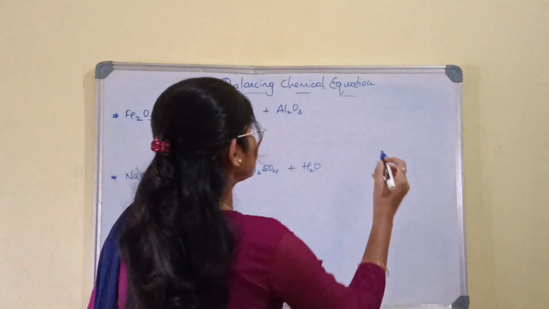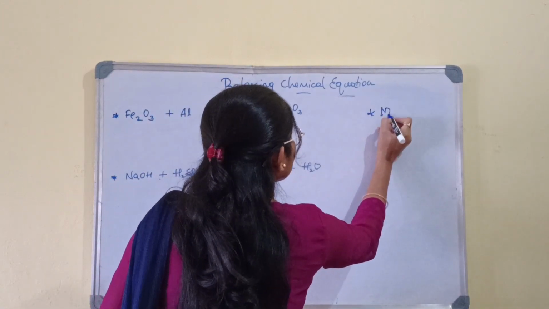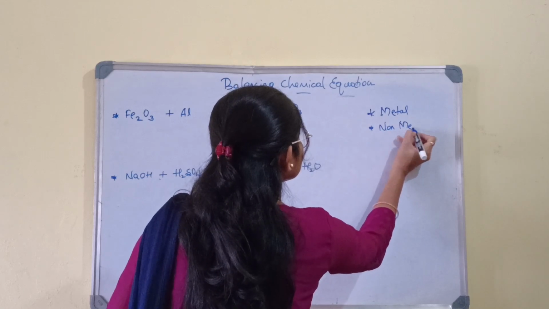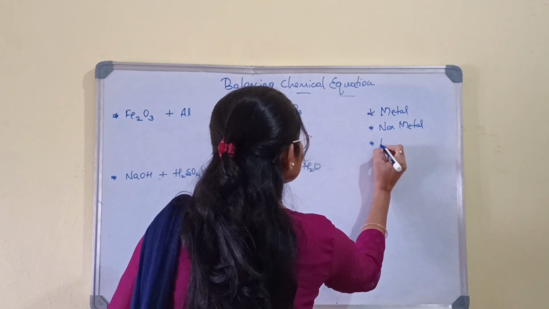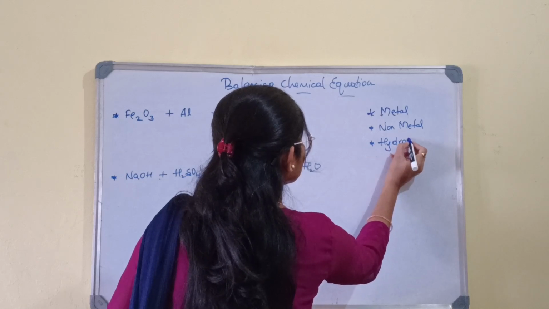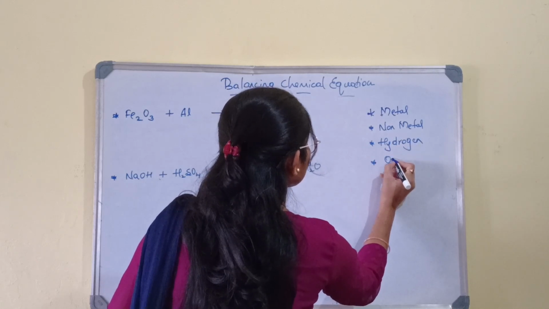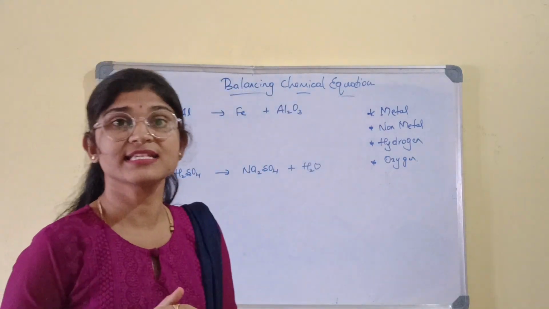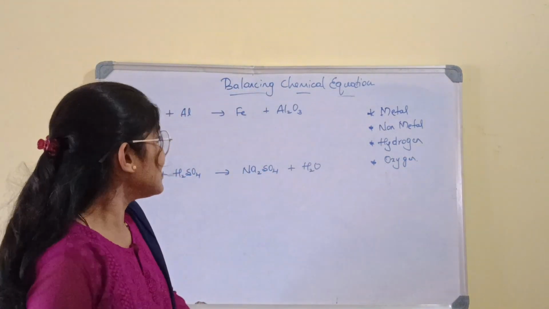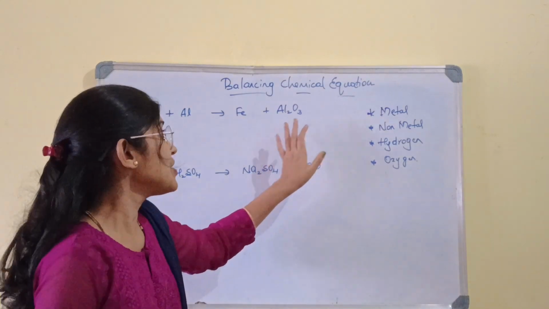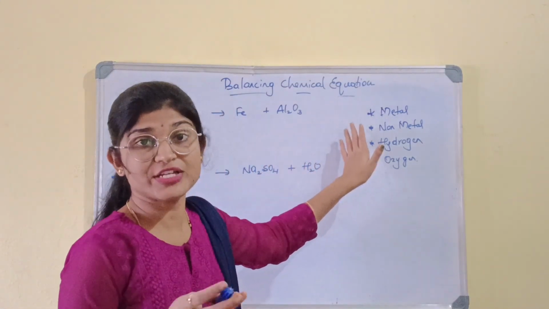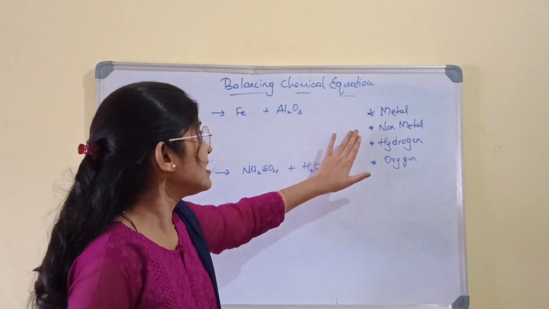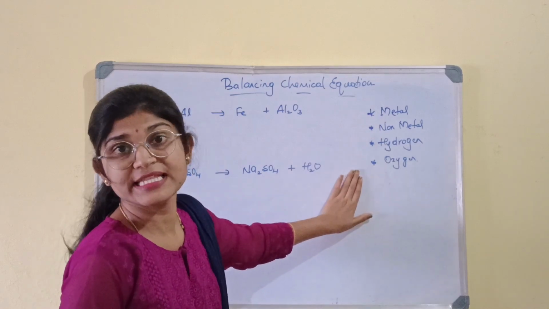The trick is, when you are balancing the unbalanced chemical equation, first keep in mind that you find the metals, non-metals, hydrogen and oxygen in the given equation.